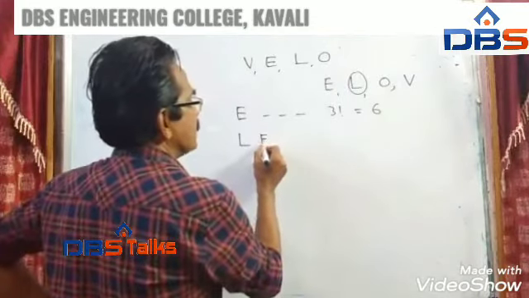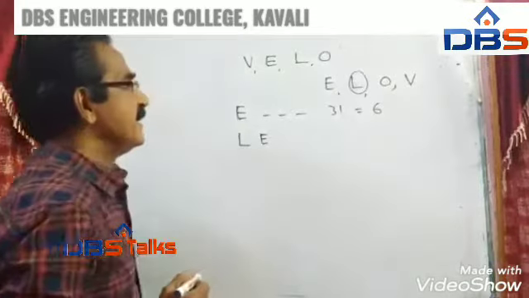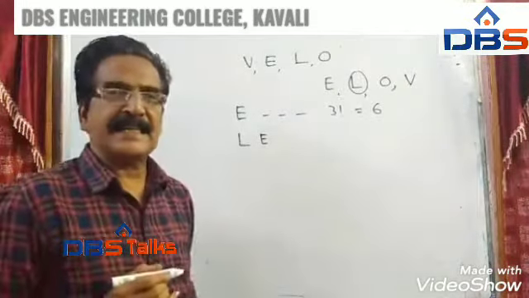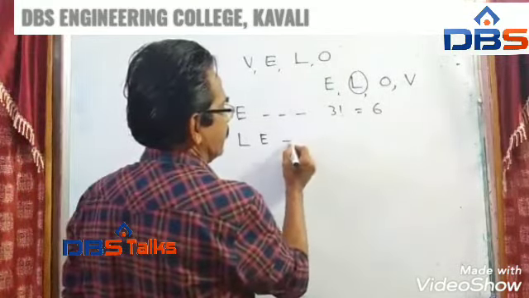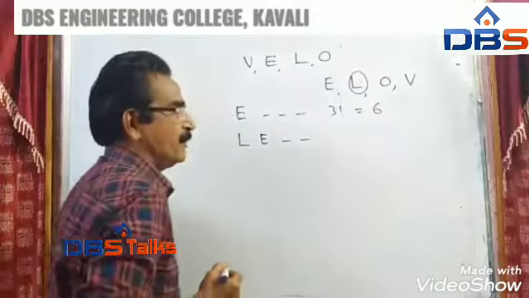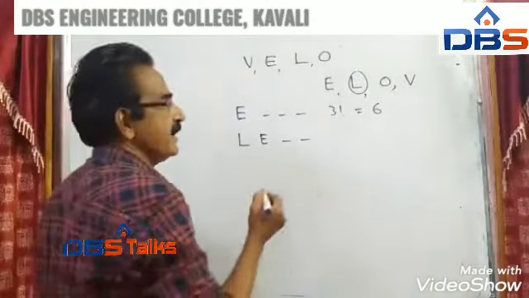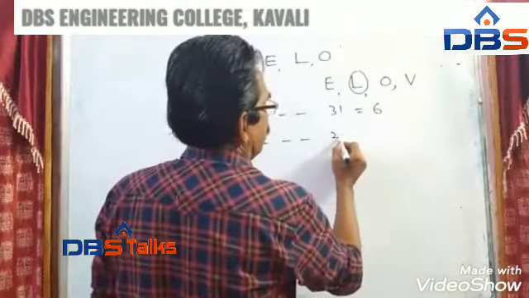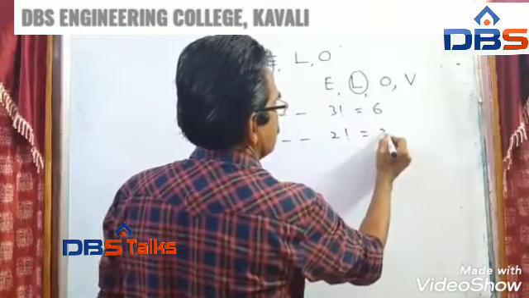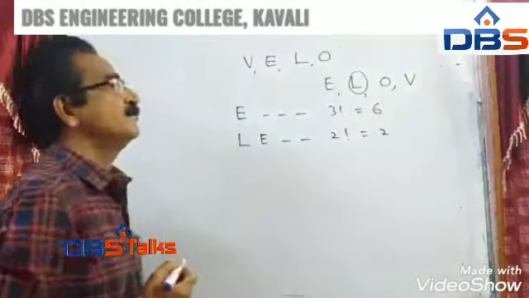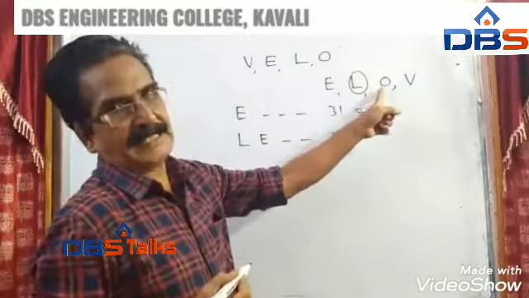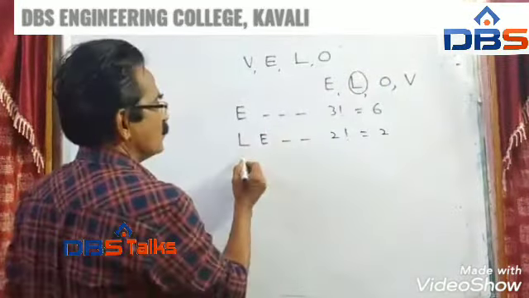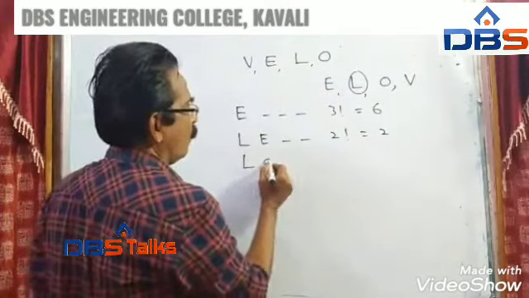After L, what is the next smallest? So the second letter is E. So how many words begin with LE? There will be 2 factorial, that is equal to 2. After LE, the next order is O. So LO.